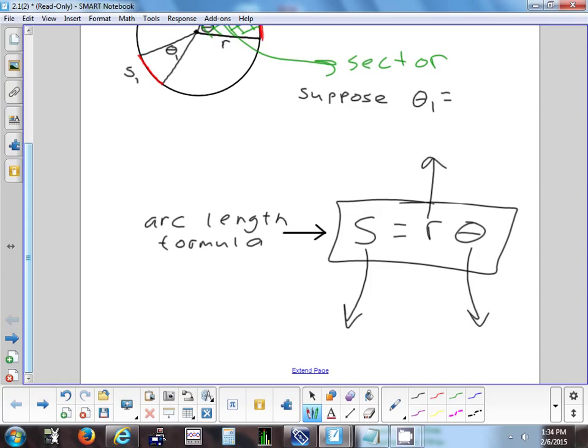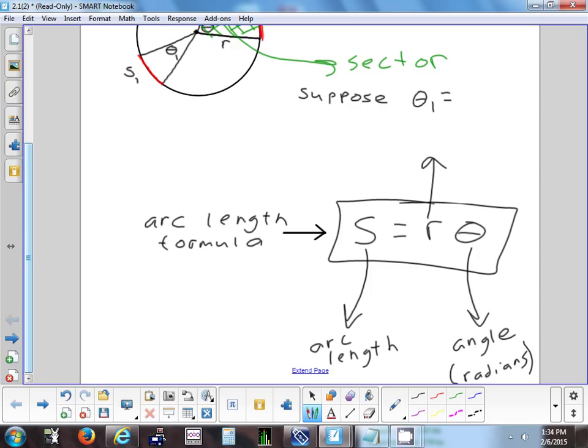Theta is used to represent an angle. What's important about the angle is it has to be in radians. This formula doesn't work if the angle's not in radians. So if you've got degrees, your first step is to change to radians. S is the arc length.